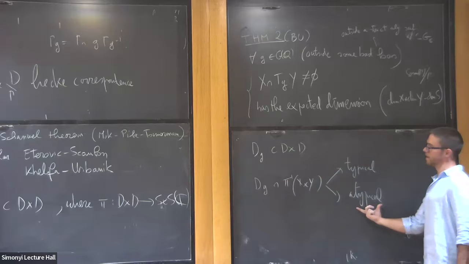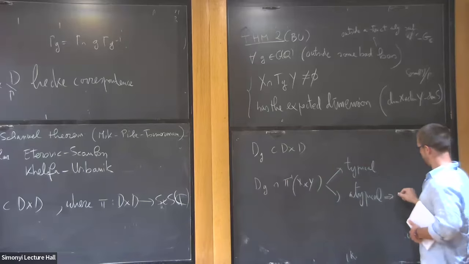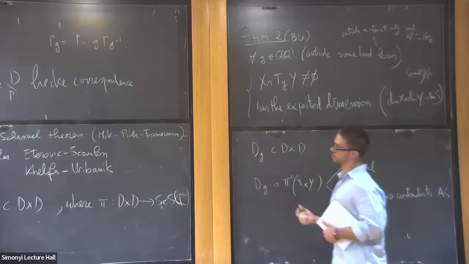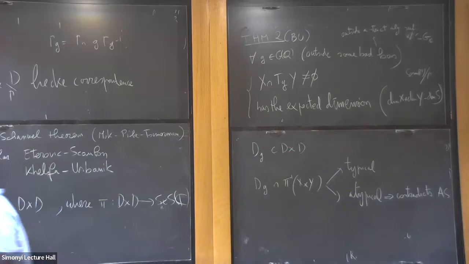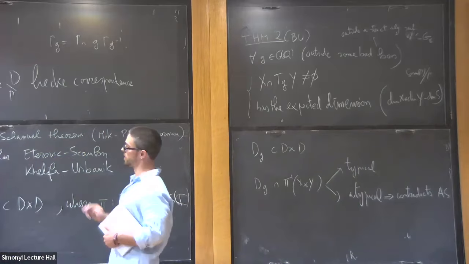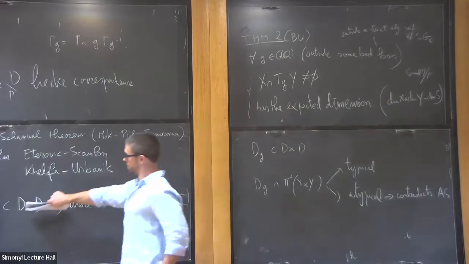And if it's atypical, we contradict a channel, because x and y were all generic, x tilde and y tilde were all generic. And this is essentially the strategy already employed here. The only small difference is that there's always a problem working with products.